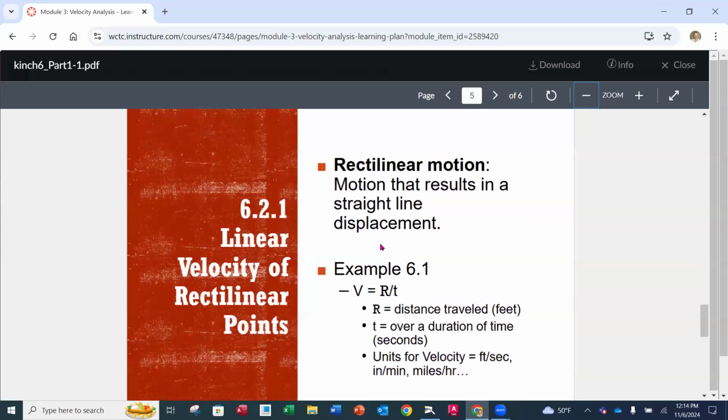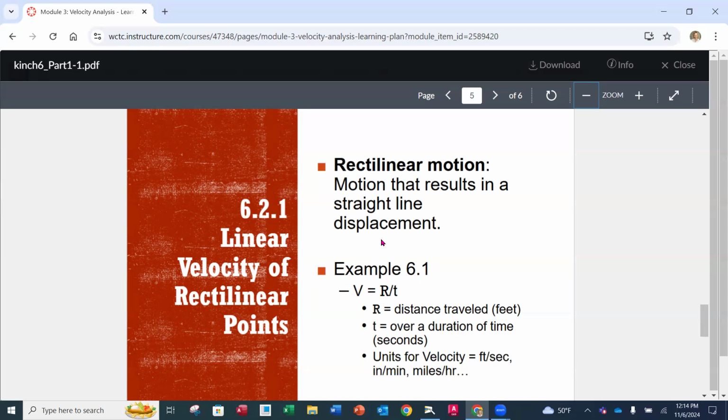Now, the first type of velocity we're going to look at is linear, or rectilinear, velocity or rectilinear motion. That just means that we're going to be going along in a straight line. We aren't going to be rotating around a fixed center. And to calculate velocity, just like we did in that previous slide, the equation is how much distance did we cover and how much time did it take us?